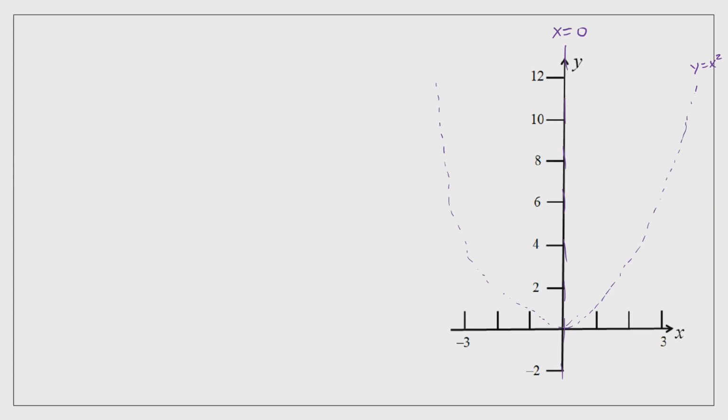Okay, so now I'm going to plot some points. So I have the 2 points that I found, which was -2, 5, and 2, 5. Okay, and you notice here I don't really have any other points. So let's go back to our calculator and grab some.